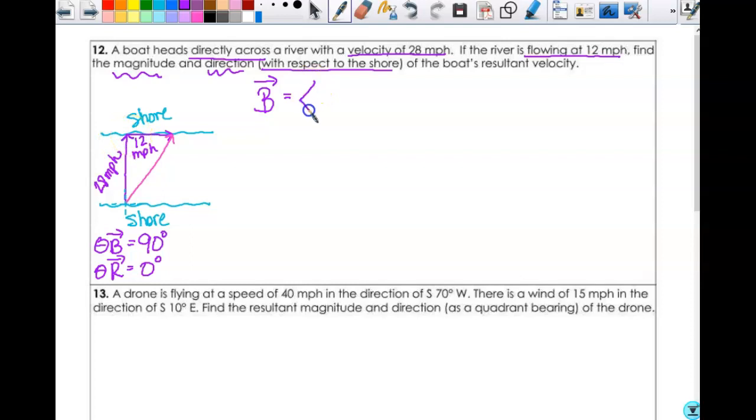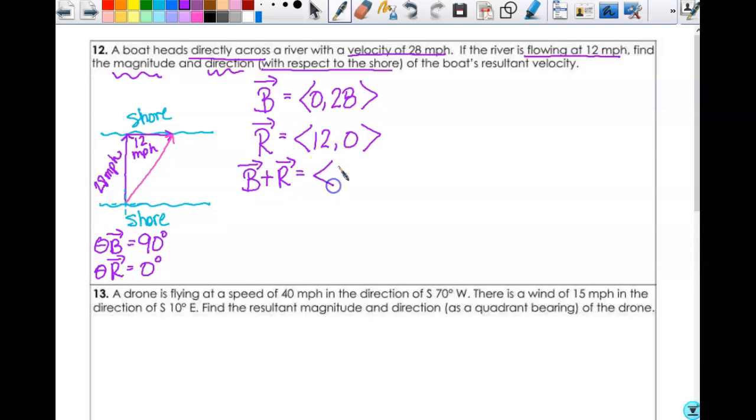So this vector has to be 0, 28. If you want to set it up with trig, knock yourself out, but you're going to get the exact same thing. Then the river, if I'm starting here, I go to the right, 12, but I don't go up or down any. So this is 12, 0. Which means the boat vector plus the river vector equals 12, 28.